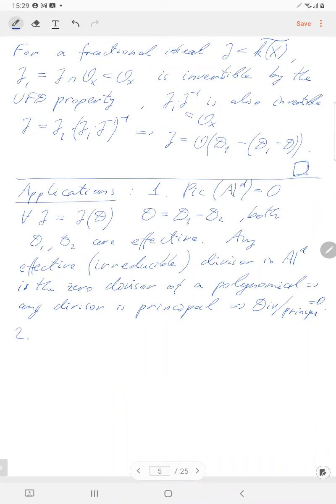Okay, the second application is for projective space. And now it's the integers, namely the set of all line bundles or invertible sheaves, O of n, n an integer. So why is this so?